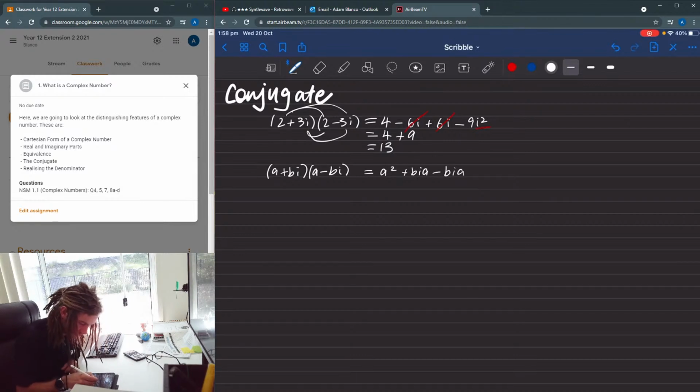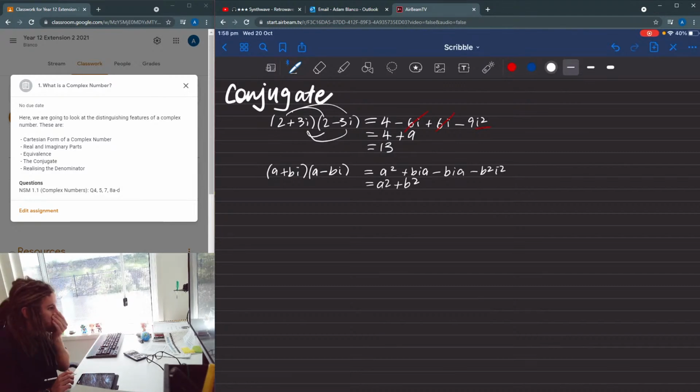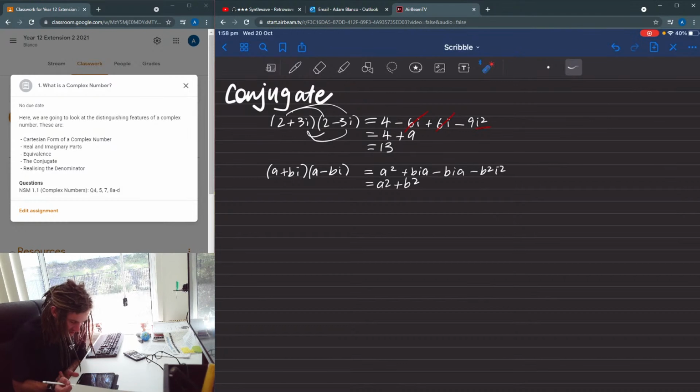I probably shouldn't write it like that, it looks weird. Minus B squared I squared, which equals A squared plus B squared. Is that right? That seems right to me. Okay, so whenever you multiply the two conjugates together, what you actually end up with is the real and imaginary parts squared and added together.